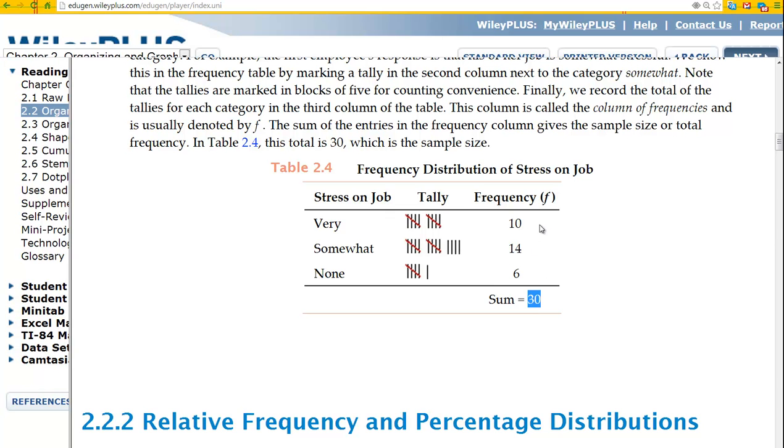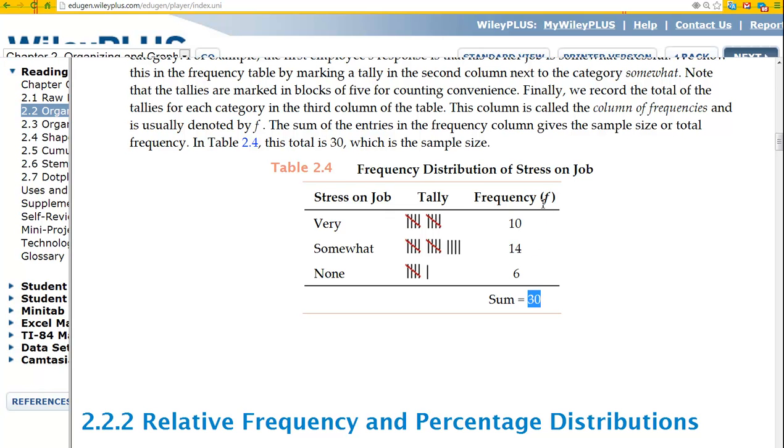So I might like to say that's 33.3%, and this is 14 out of 30, and this is 6 out of 30. 6 out of 30 is 1/5, so that's 20%. I might be interested in dividing the frequency by the total, or the sum.